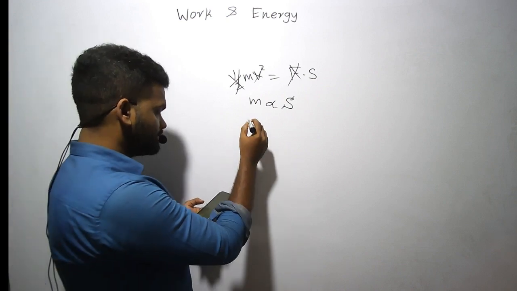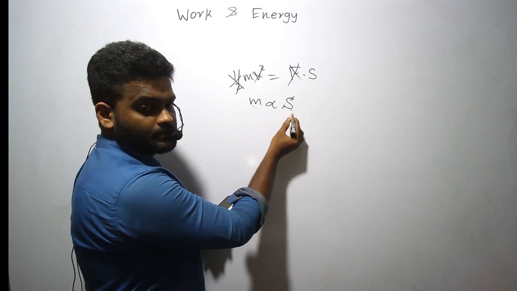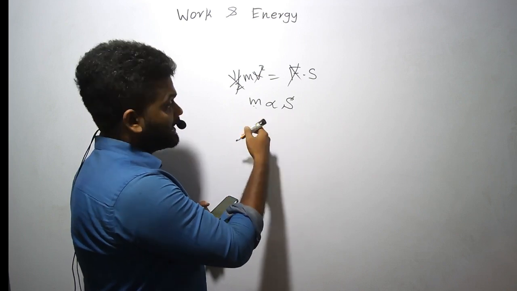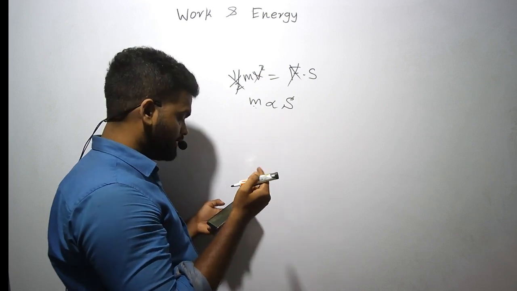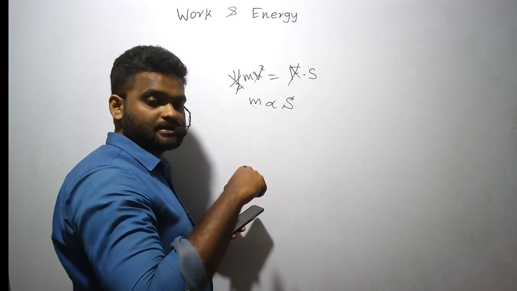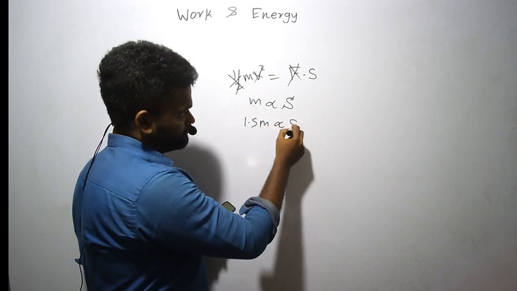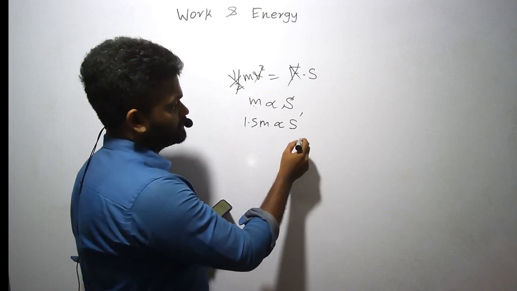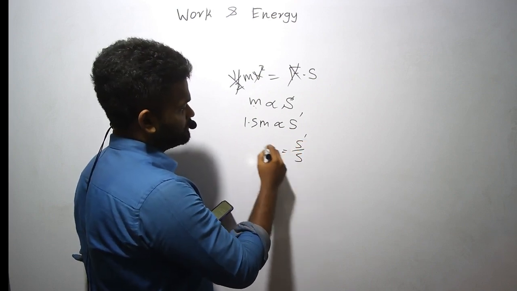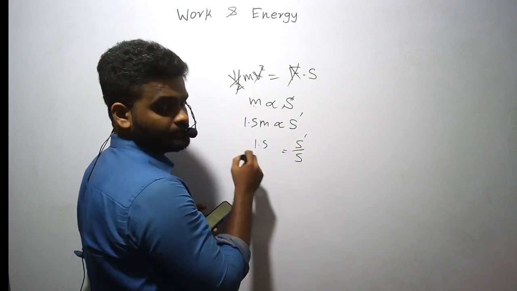So if in the first case the mass is simply m, the distance traveled is s. In the second case, the mass increases by 50%. Now the mass is 1.5 m. Let's say s dash. S dash divided by s equals 1.5 m divided by m, which is 1.5.